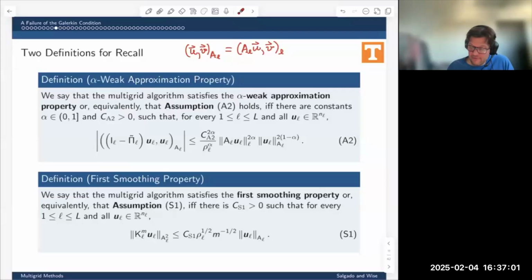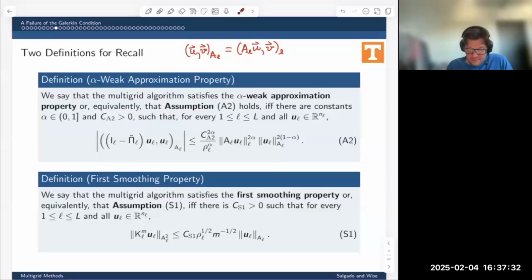In that case, 1 minus alpha times 2 is going to be 1, so this will become the number 1, and 2 times alpha will become the number 1. And this will be the square root of the spectral radius on the bottom. This is what was called the alpha weak approximation property, which was introduced way back in section 5.2 or 5.3, something like this.